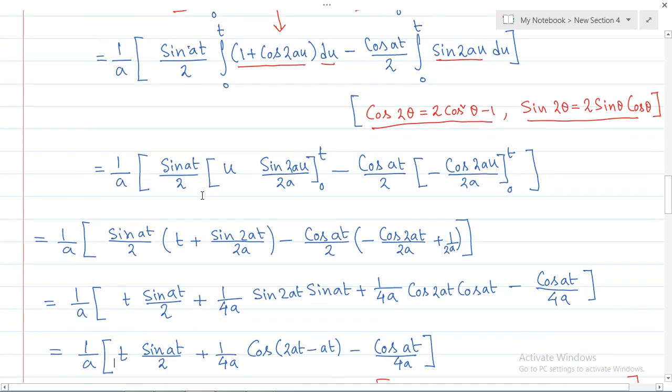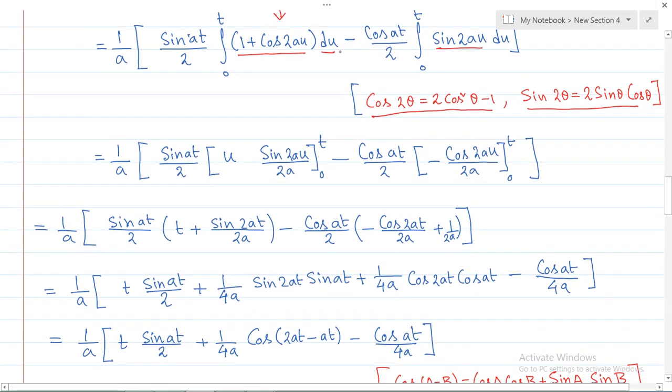The integration of 1 with respect to u will become u, thereafter plus cos 2au, whose integration is sin 2au upon 2a, with limit 0 to t, minus cos at upon 2, and the integration of sin 2au is minus cos 2au by 2a, with limit 0 to t.